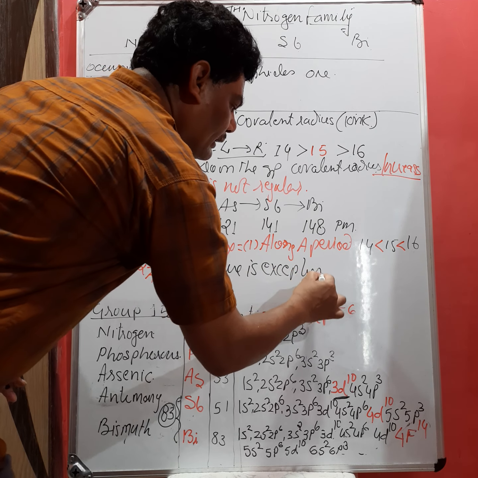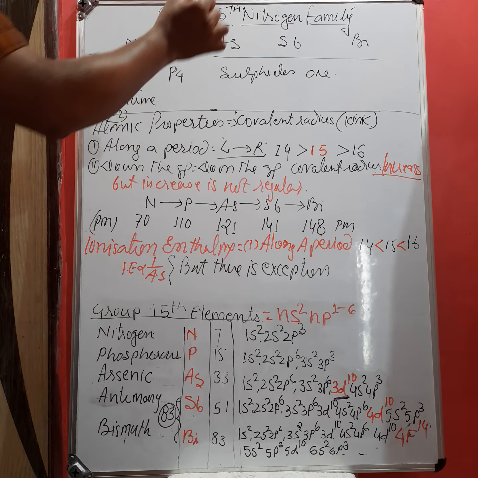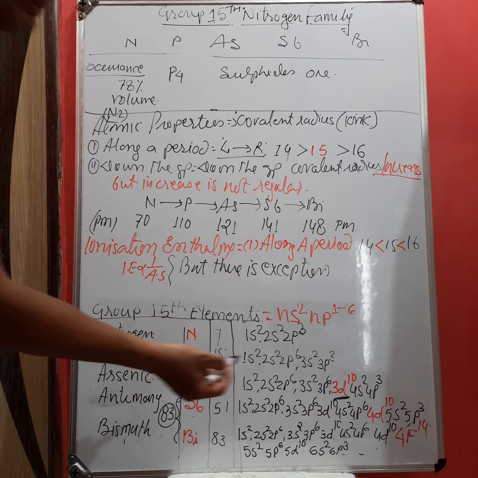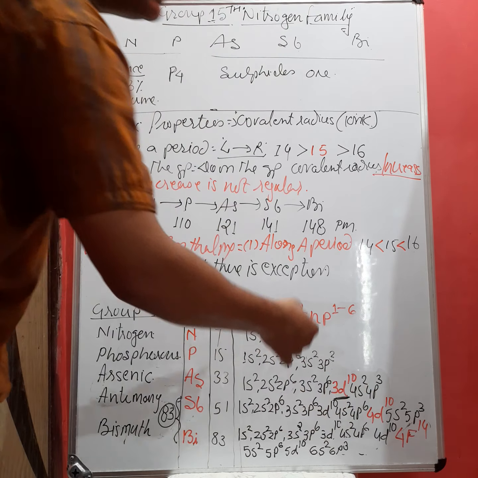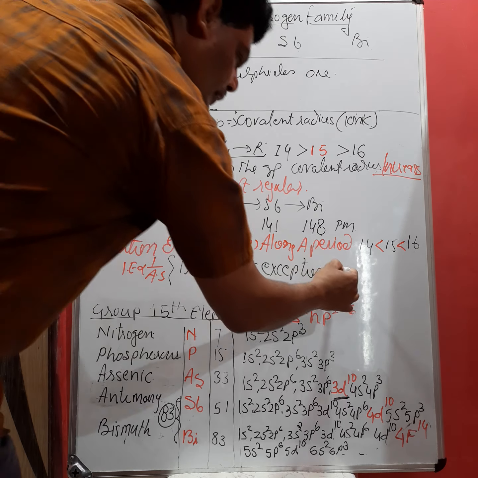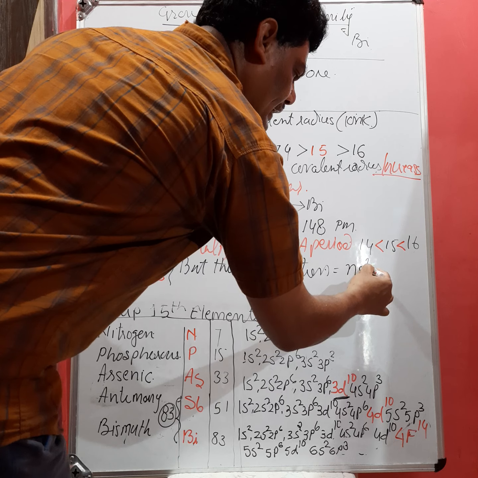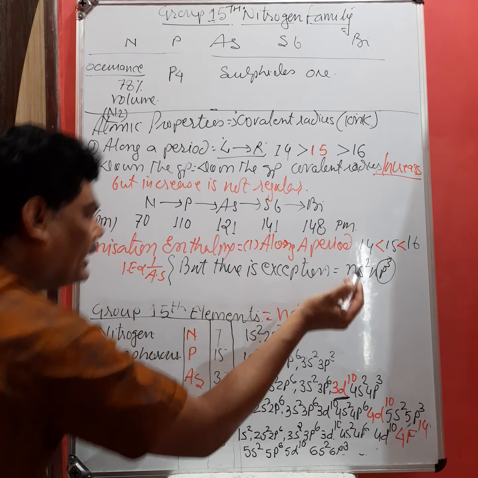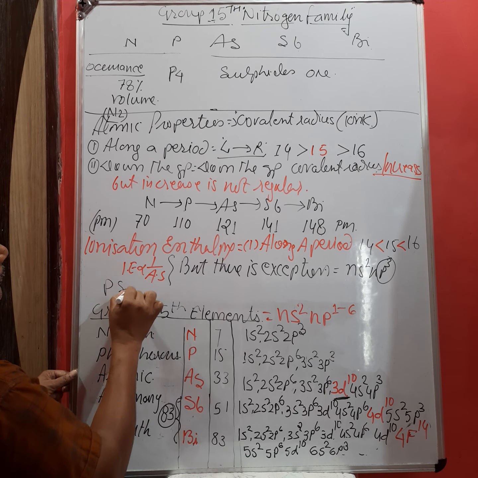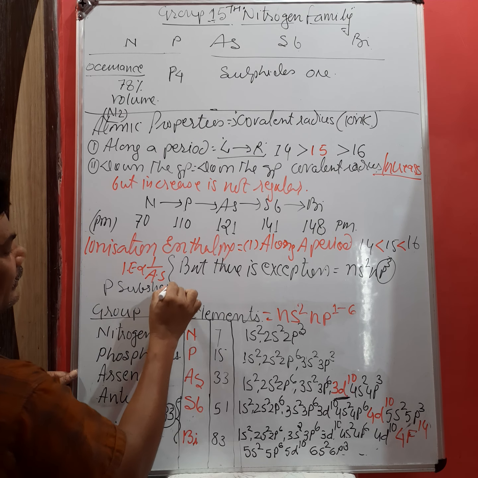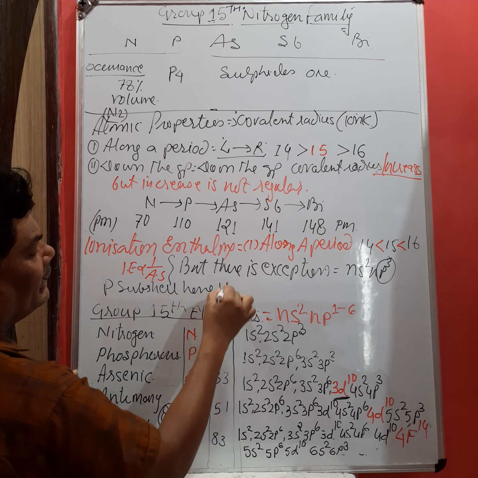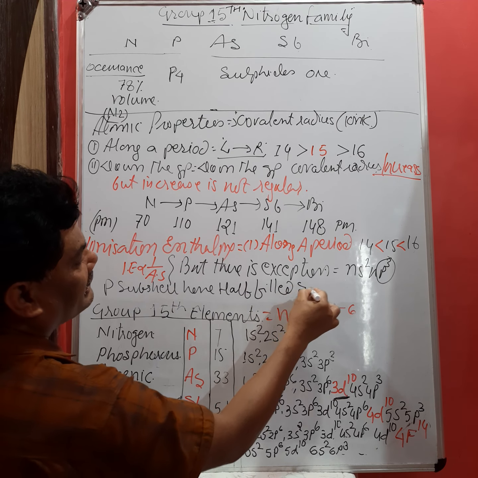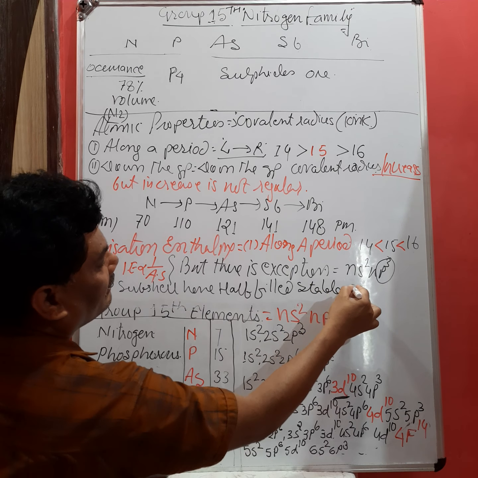What is the exception here? Students, you know that the general outer electronic configuration we have written for the 15th group element is ns2 np3. What is this? ns2 np3. That is, the p subshell has a half filled stable configuration.